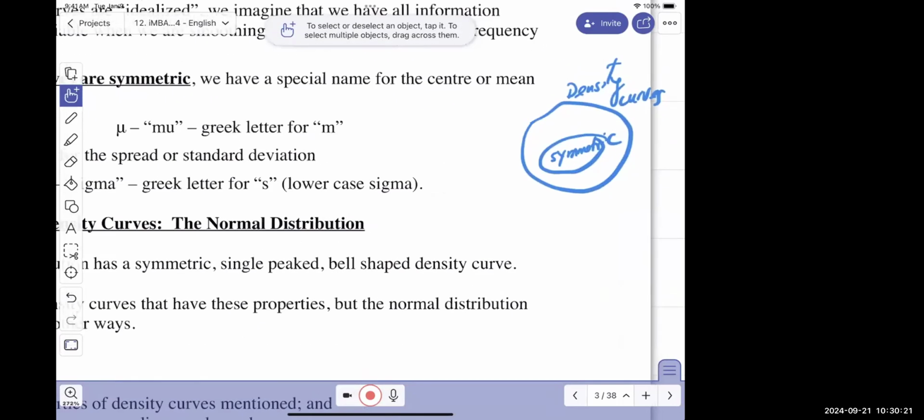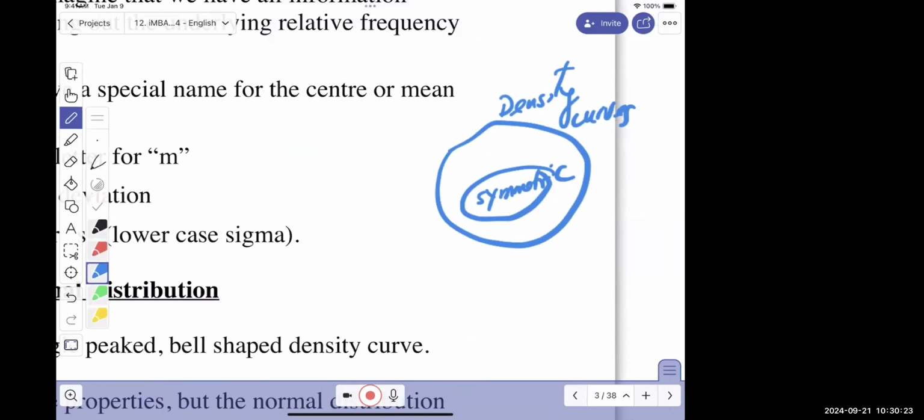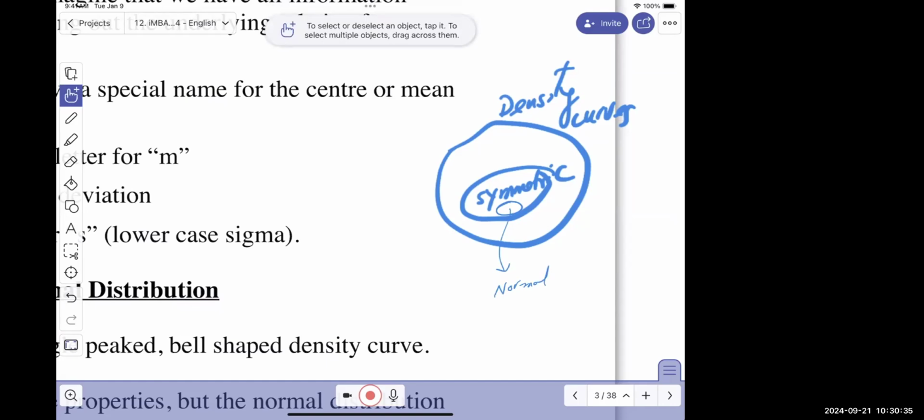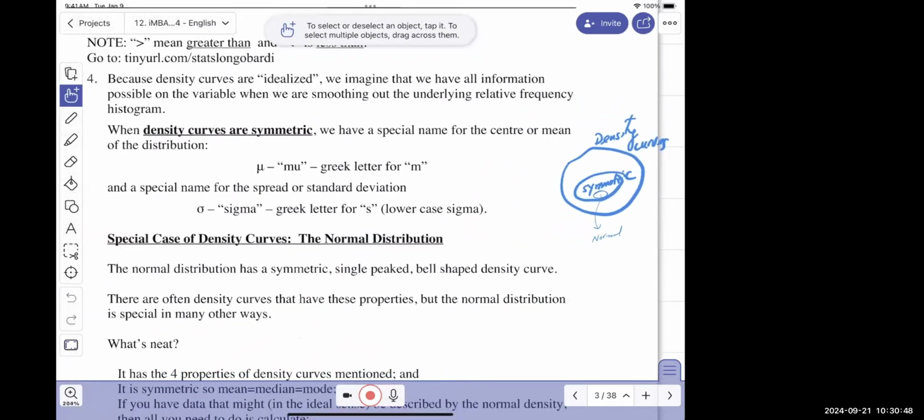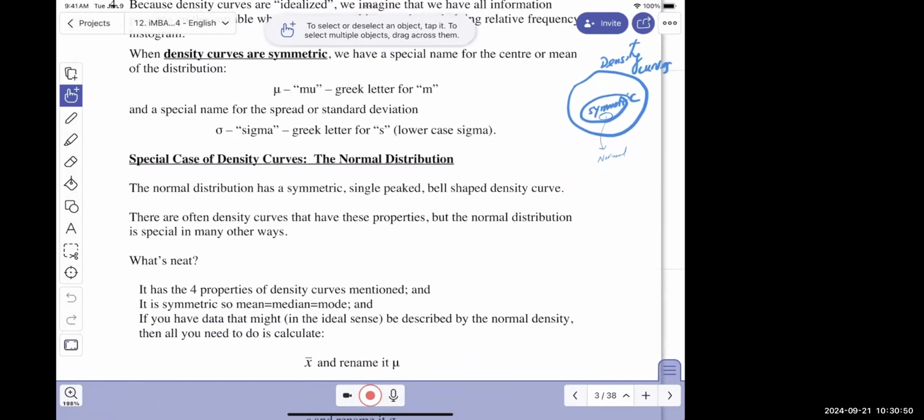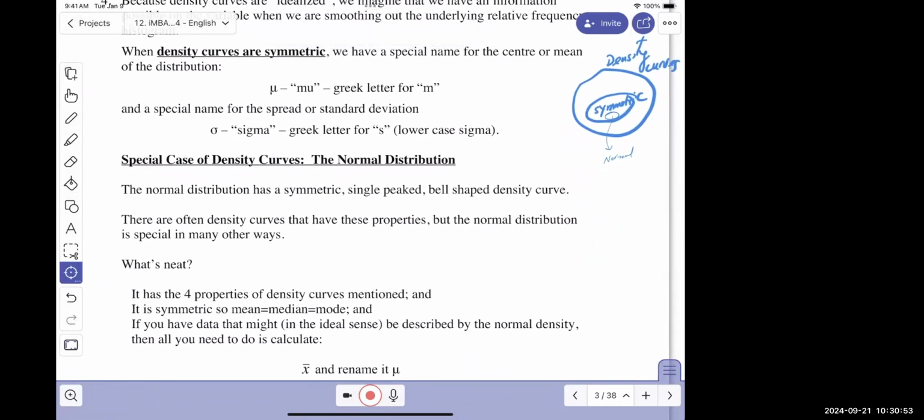And then inside of the type of symmetric density curves, there are normal density curves. Are you guys following me? So just imagine all the possible density curves. A subset of those are symmetric, and a subset of the symmetric ones are normal. So what is normal? Normal is a special property, and I introduced it last week.